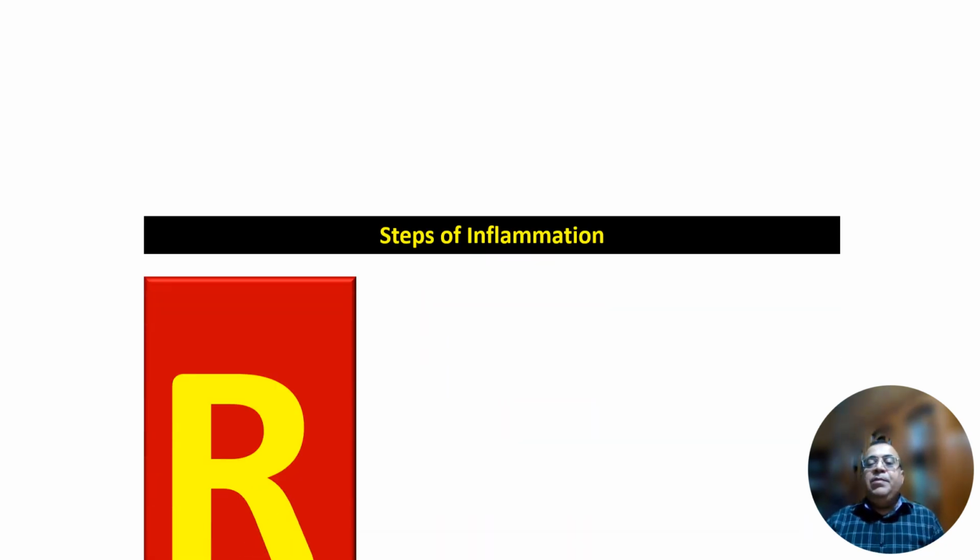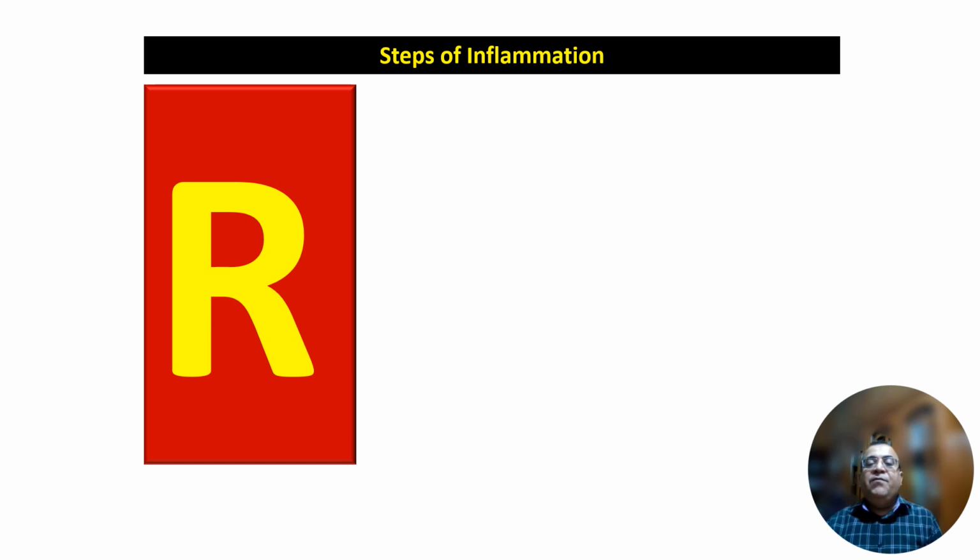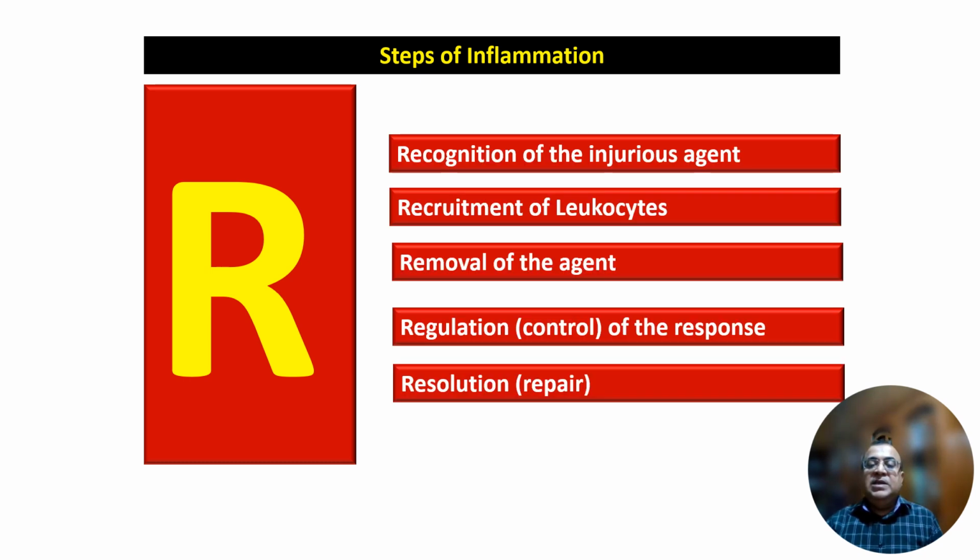So the five steps of inflammation can be memorized by five R's. These are recognition of the injurious agent, recruitment of leukocytes, removal of the agent, regulation of the response, and finally the resolution or repair of that area.